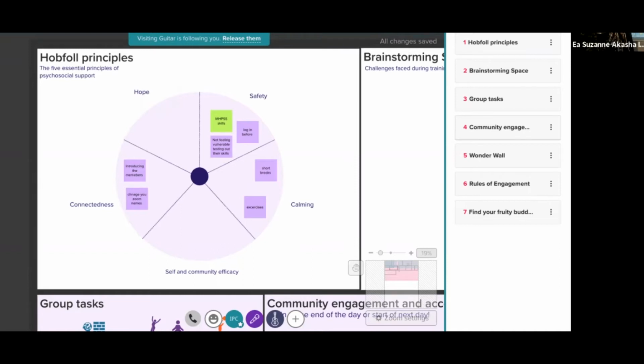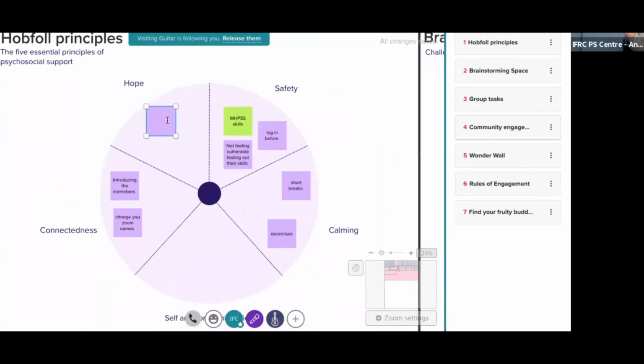And other points for the efficacy for hope? Anouk. Yeah, the hope, and this is just a bit of fun. Also, you have to give people the hope that it's ending at some point, because fatigue is real, people. We need to make sure that people know what to expect with the agenda, that they know when they're going to have their breaks, especially if you're in a different time zone.